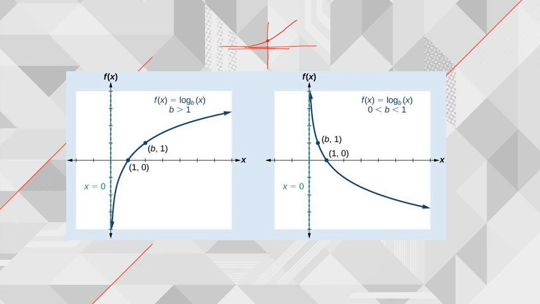With respect to the line y is equal to x as the mirror, if I draw the image of the exponential graph, I am going to get the graph of the logarithmic form. You can see this, the graph looks like this.